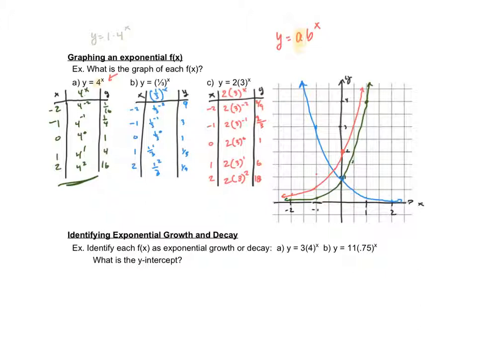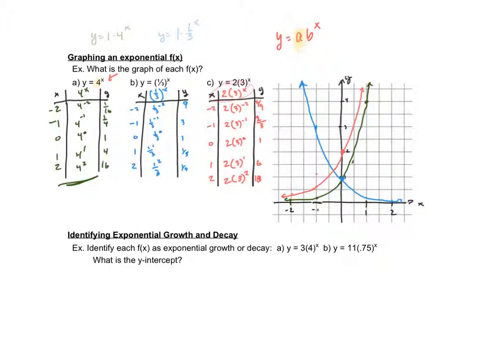Looking at this blue function, it's (1/3) to the x. Well, we know that's the same thing as y equals 1 times (1/3) to the x, and again, it goes through the y-intercept at 1. Then this one right here, 2 times 3 to the x power, is a little bit different.